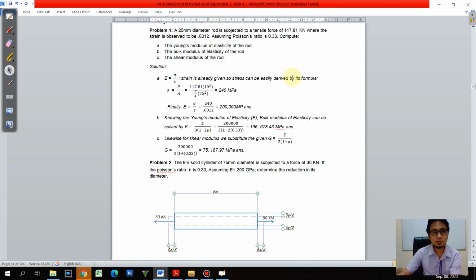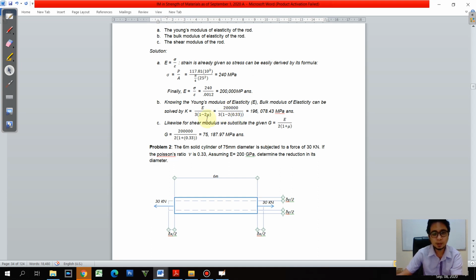So for bulk modulus of elasticity, we have introduced the formula. All we need is to substitute the values here together with the Poisson's ratio of 0.33. So we have 196,078.43 megapascal for our modulus of volume expansion, or what we call bulk modulus of elasticity.